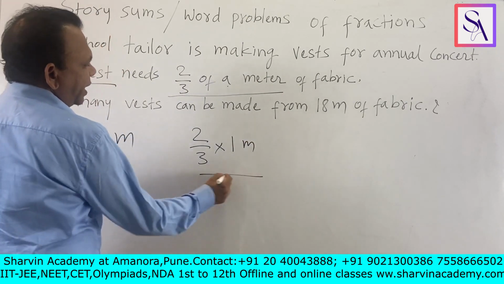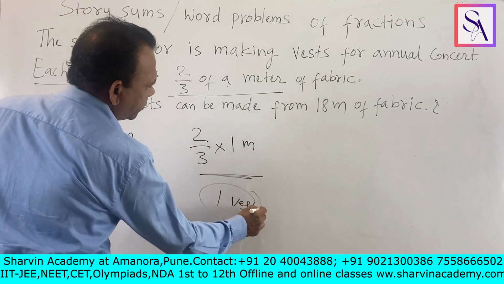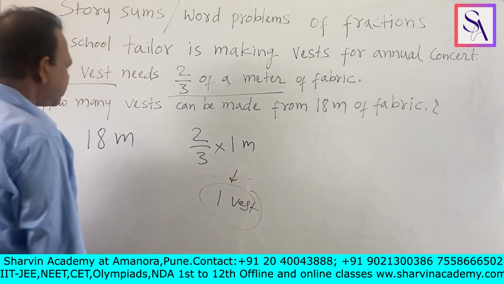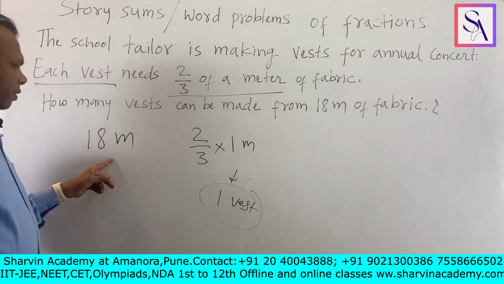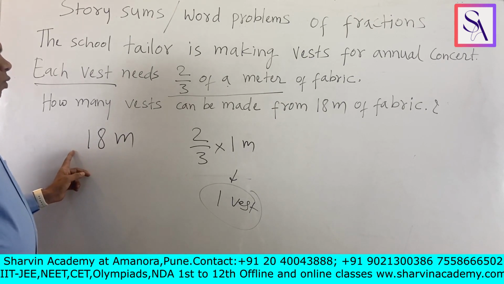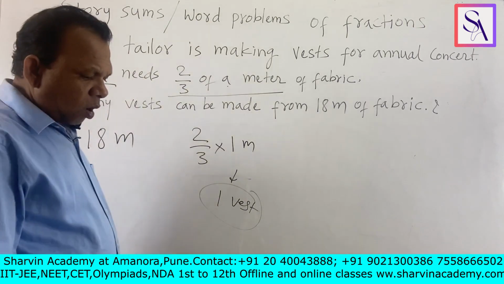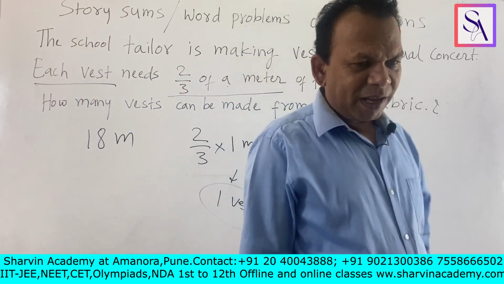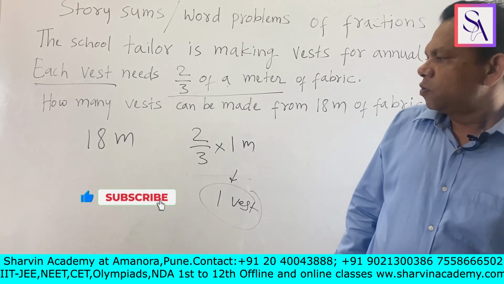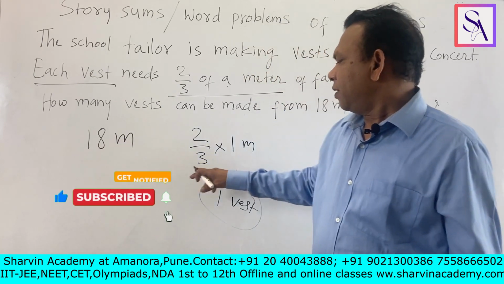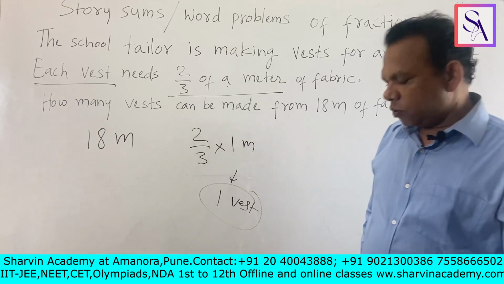Total fabric is 18 meter, right? So how many vests can he make? In this case, what operation do we need to do? Multiplication, division, addition or subtraction, that is the key. Total fabric is 18 meter, for one vest is 2/3. So obviously for calculating the number of vests we need to do division.